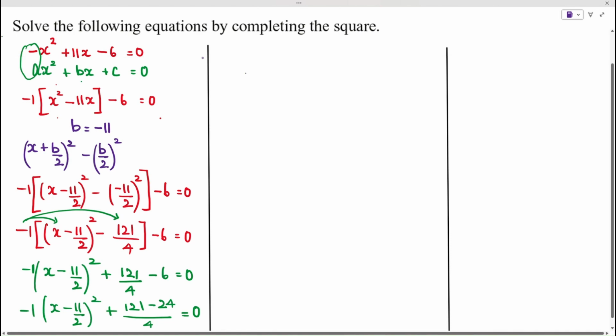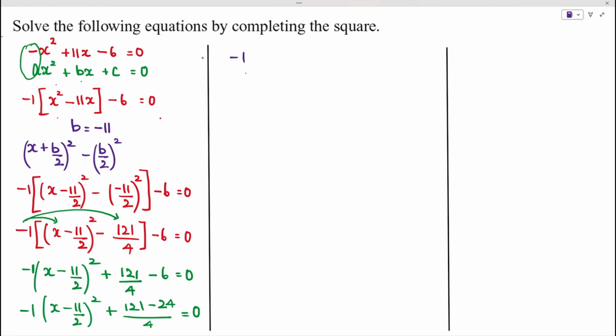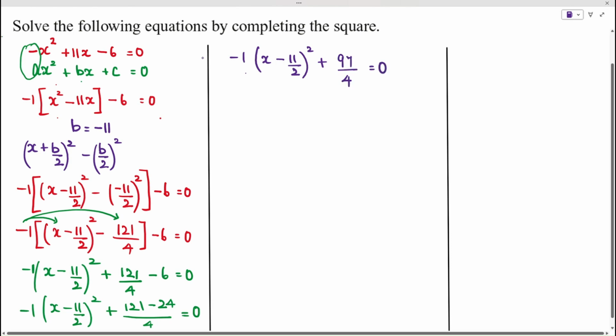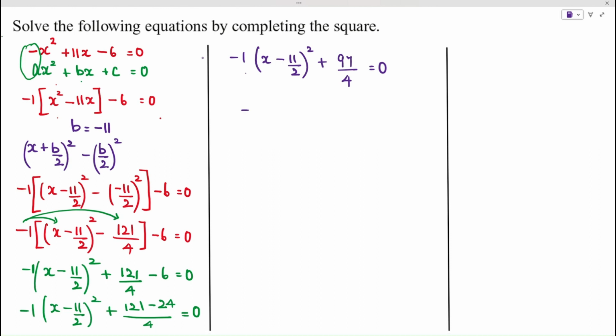So we get minus 1 times x minus 11 over 2 the whole squared plus 97 over 4 is equal to 0. Now we have our equation in our completed the square form.